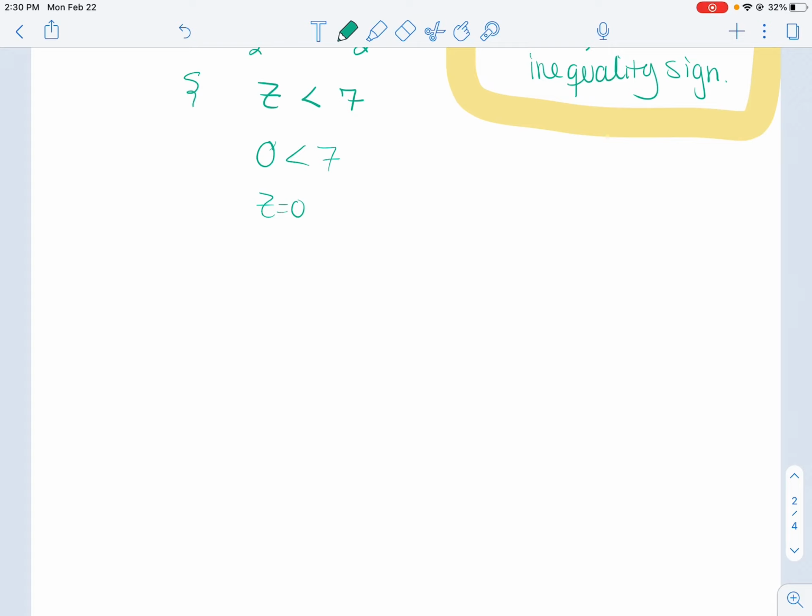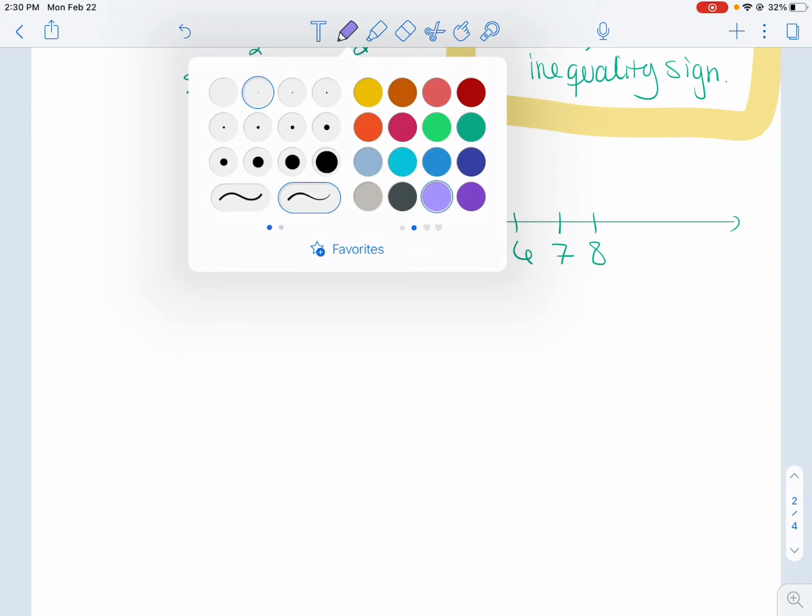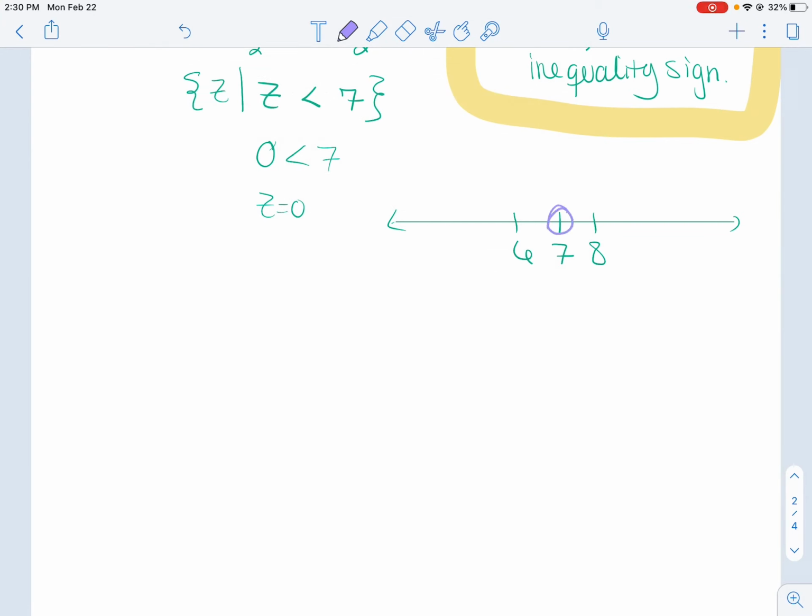So we could say here, if I wanted set notation, all numbers z such that z is less than 7, or if I put it on a number line, I'm going to mark 7, 8, and 6. And then when I go to graph it, I'm going to circle 7. And we have to ask ourselves, is 7 included as part of the solution set? So 7, because it's just the numbers less than 7, not less than or equal to, we're not including it.